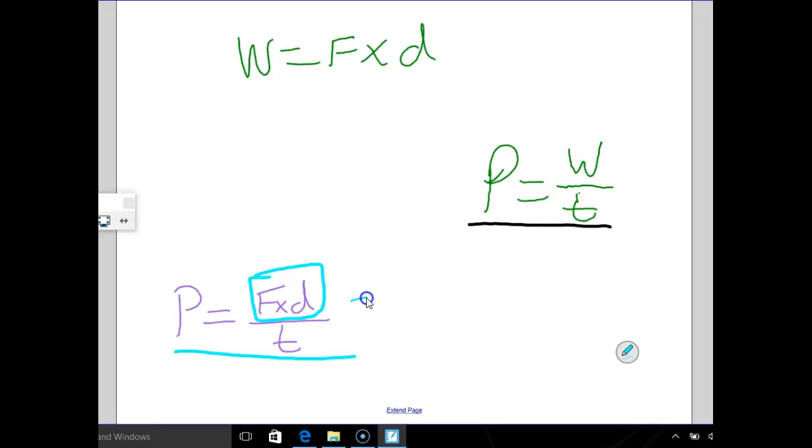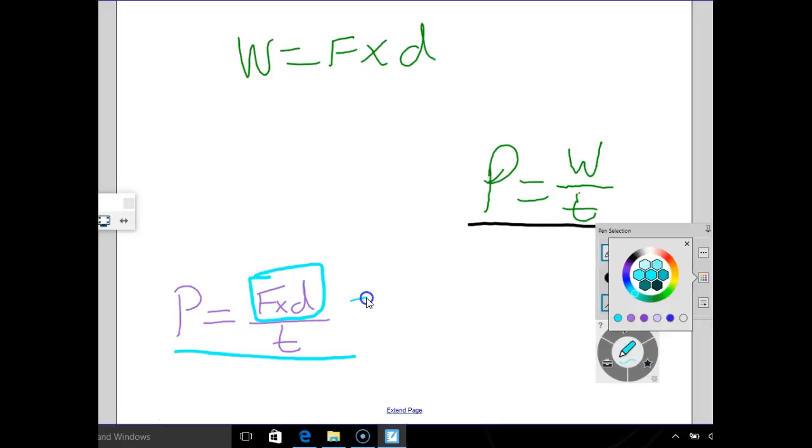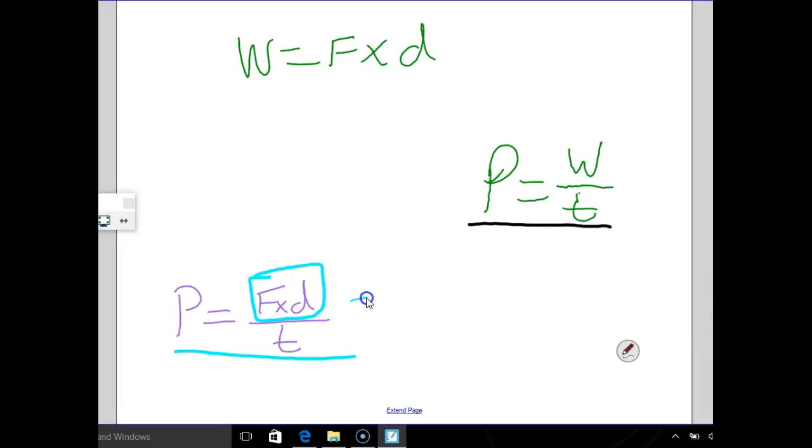But then what we are going to do is take this a step further. This is kind of a nice equation, but we have something else in here, and that is this lovely d over t. So if I were to take that out, it's distance over time, or meters per second.